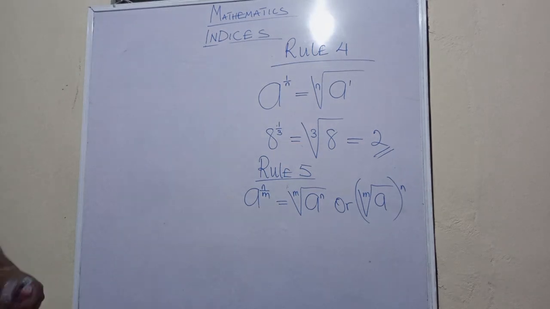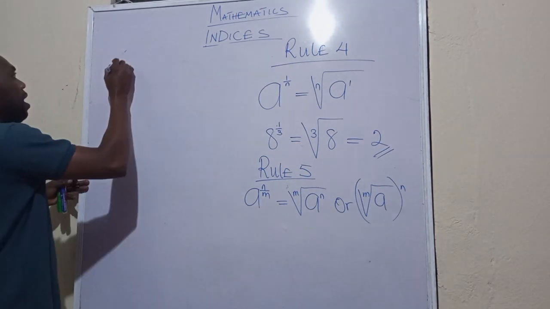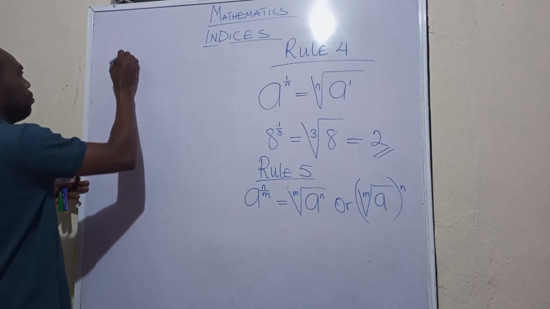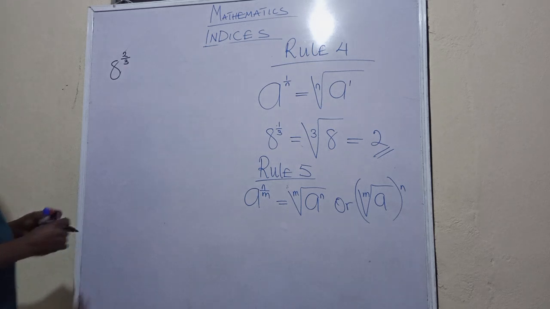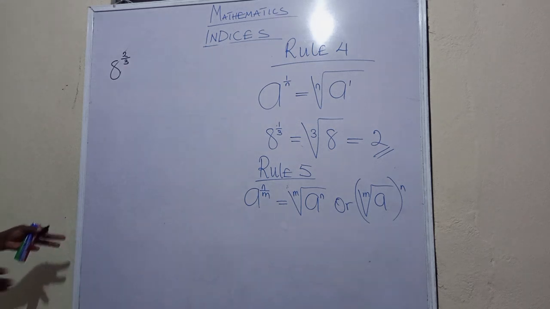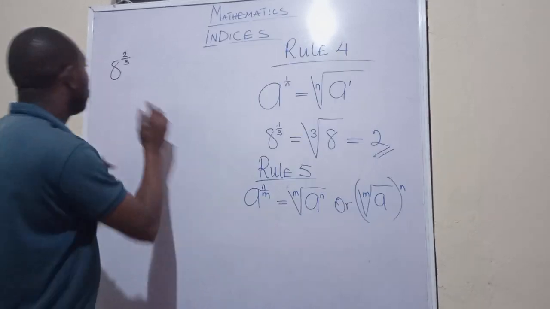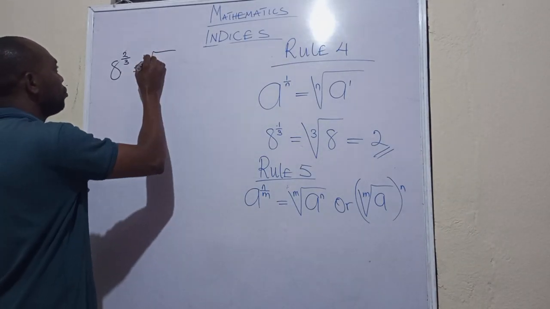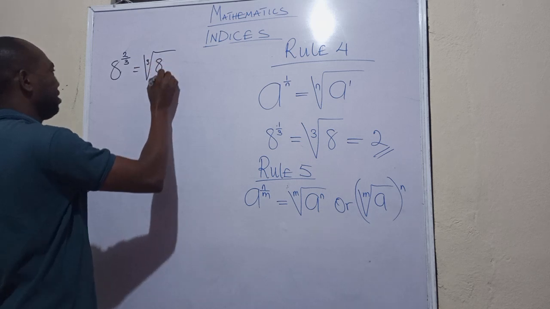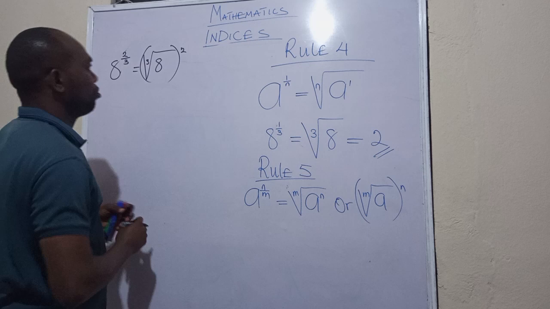Now look at this. Very, very important. If we have 8 raised to the power of 2 over 3, for example, which is the same thing as this rule 5, it simply means we will have the cube root of 8, close bracket, raised to the power of 2.